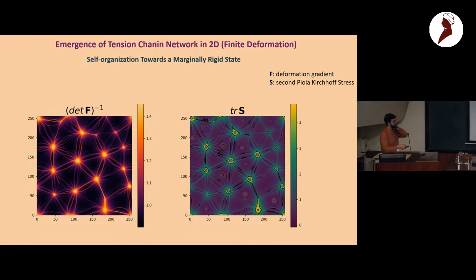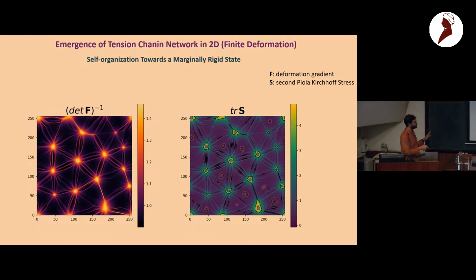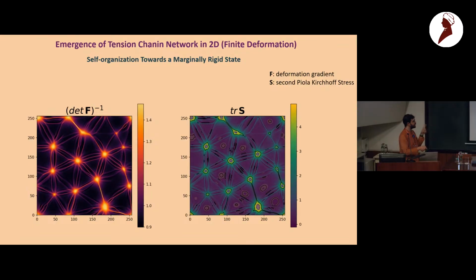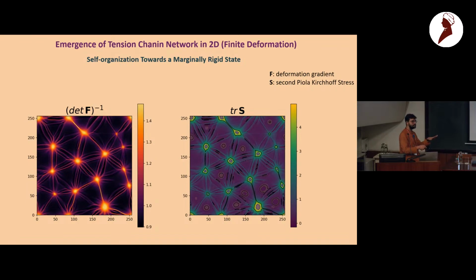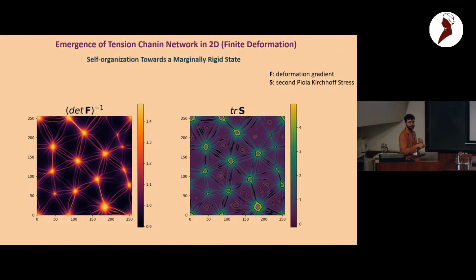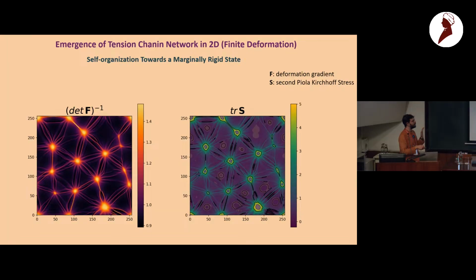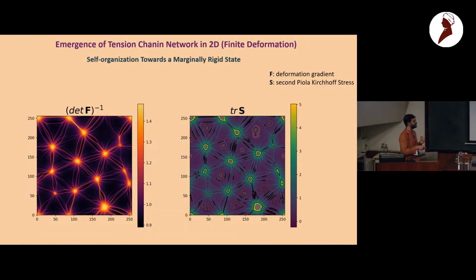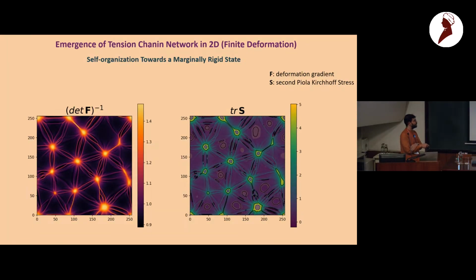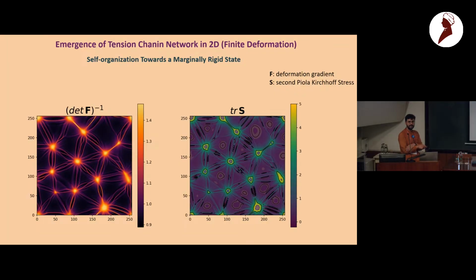The point of this picture is that the stress fibers we are seeing here are marginally stable. We are starting from an unstable system, and the system is tuning itself to marginal stability. We are thinking that this may be some new class of geometric self-organized criticality, where the order parameter is a tensor.